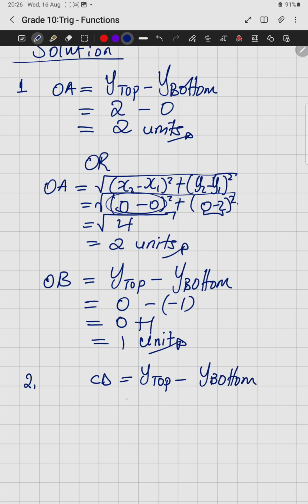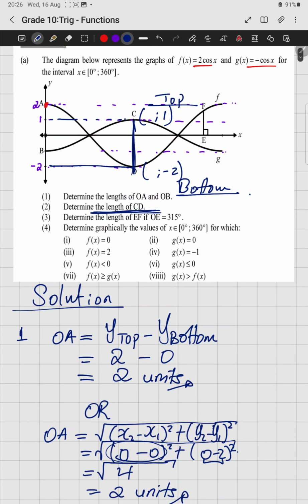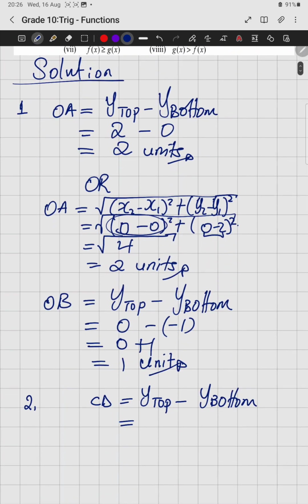Y top is +1 minus -2, so 1 plus 2. Therefore, the final answer is 3 units.